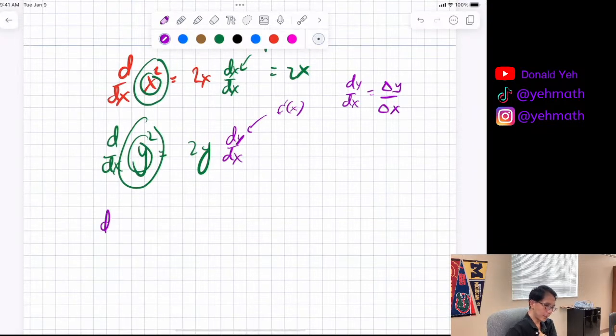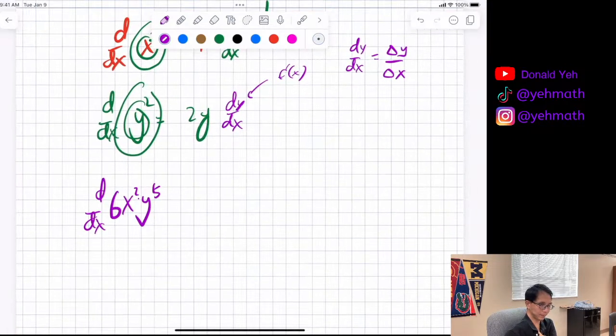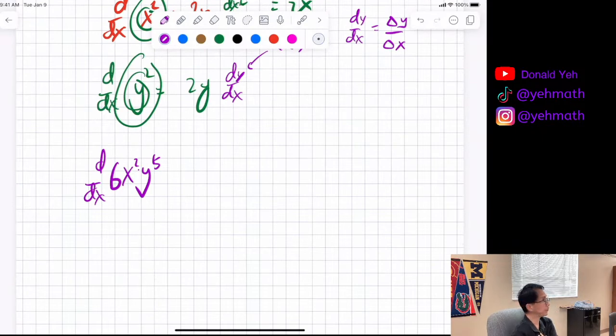Simple things like this. Now, what happens if I take a derivative of 6x squared y to the 5? I'm going to guide you this time. For me, that 6 is not important.